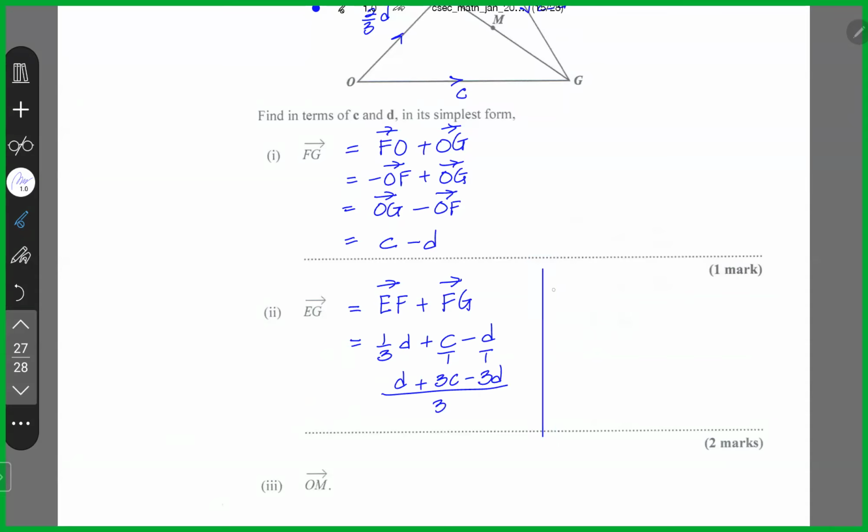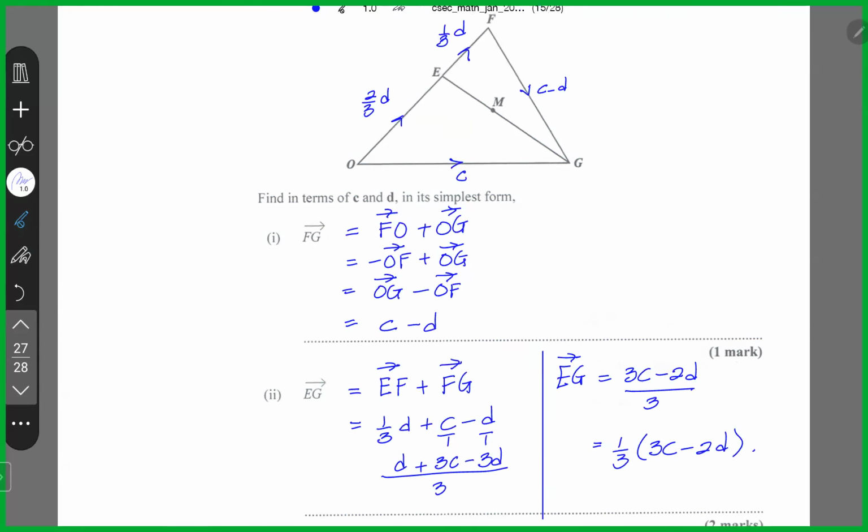And so EG is 3C minus 2D, and this is over 3, and we can write it as 1/3 of 3C minus 2D, and this is in its simplest form.